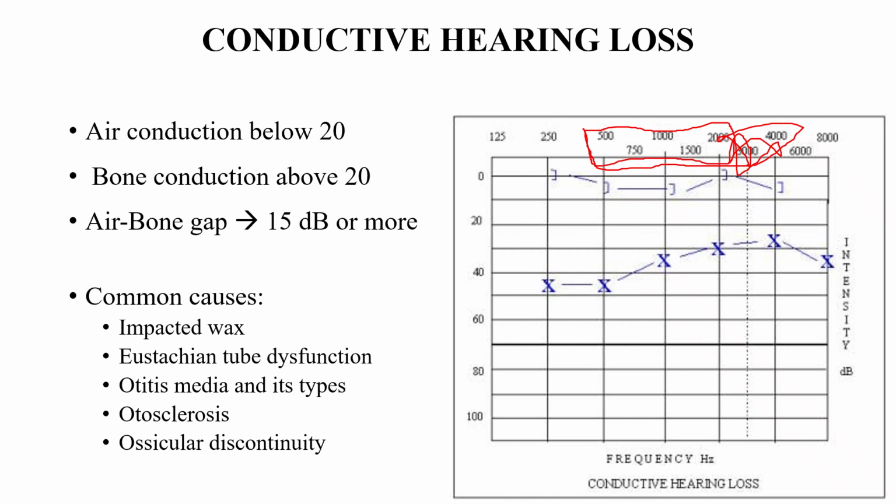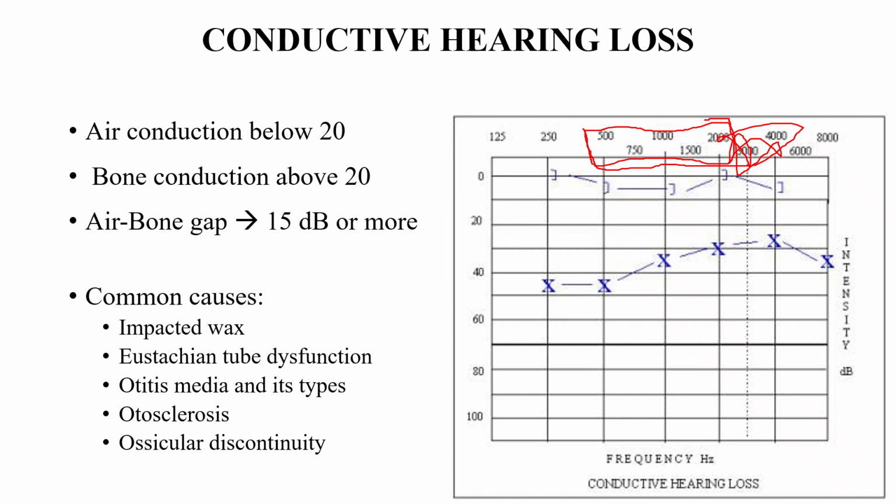So if we see for bone conduction, it is 5, 5 and 0. So 10 divided by 3, it is around 3. For air conduction, it is 45, 45, and 35. So it will be 105, and 105 divided by 3 is around 36, 37.